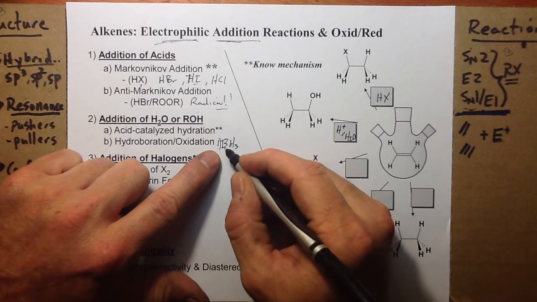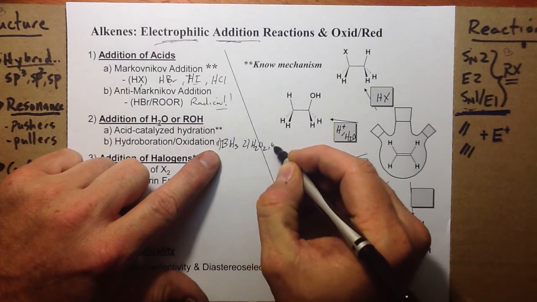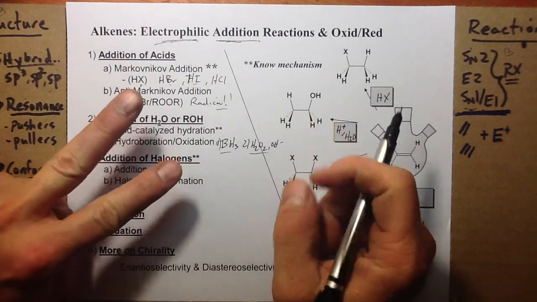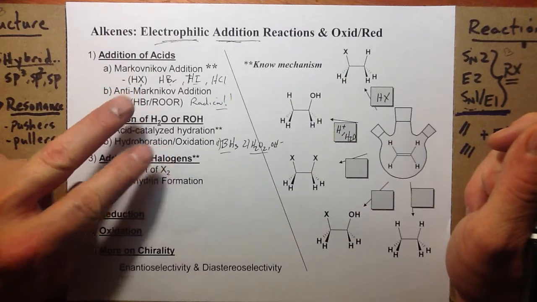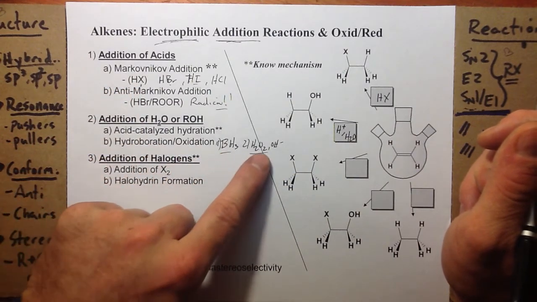So there'll be a 1 and then a 2 where we use peroxides and base. So there's going to be 2 separate reactions for hydroboration, oxidation.